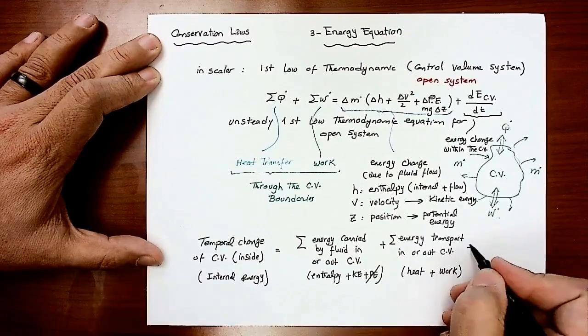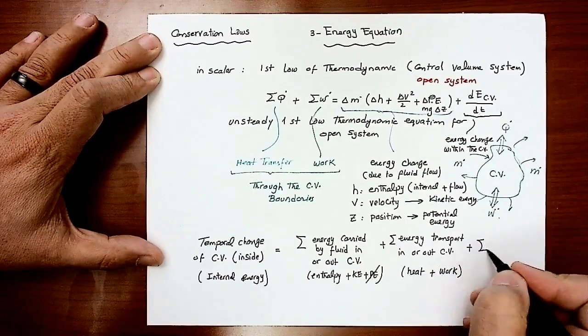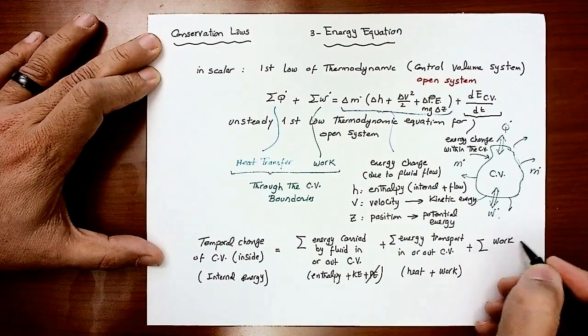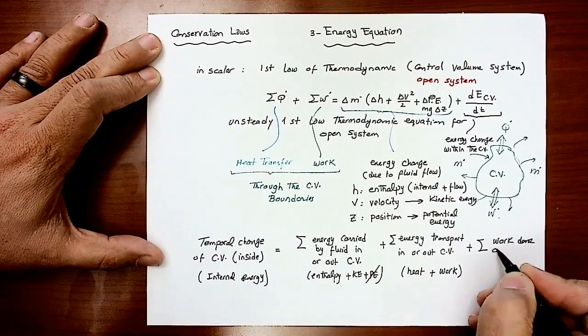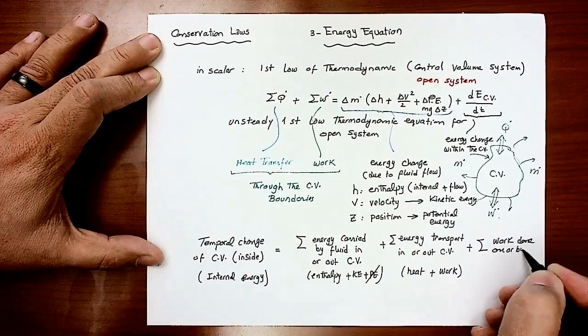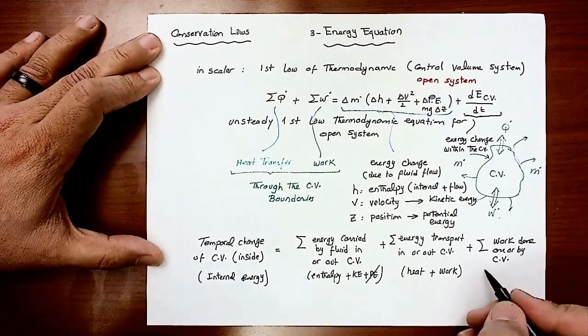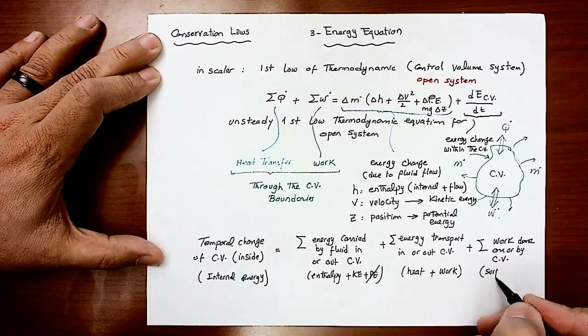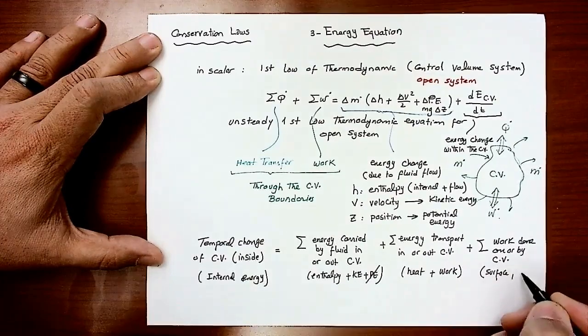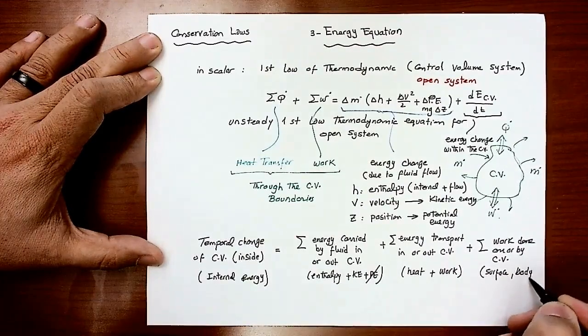So I'm going to add another term here for the work, which is the summation of the work done on or by the control volume. And that work could be due to surface forces or body forces.